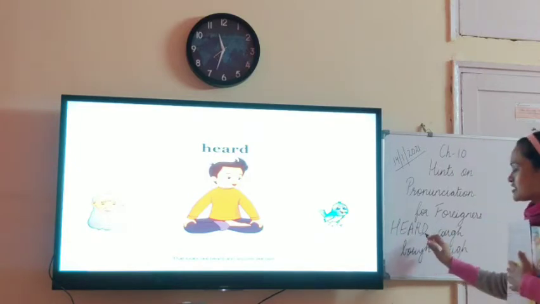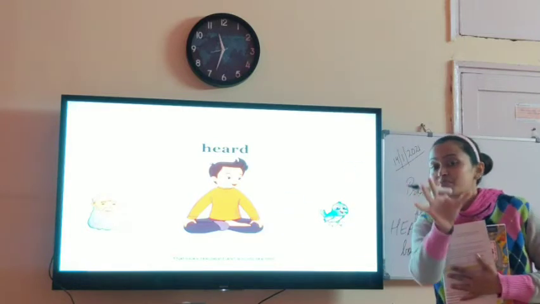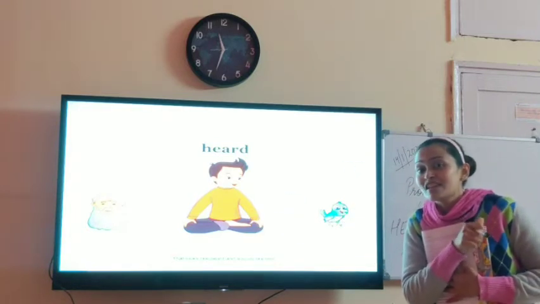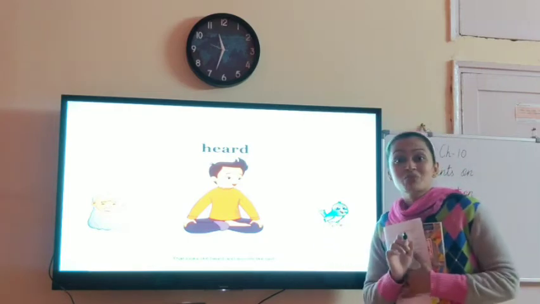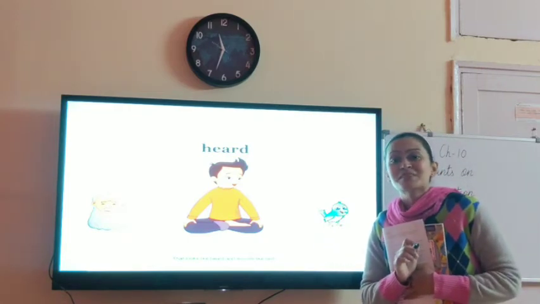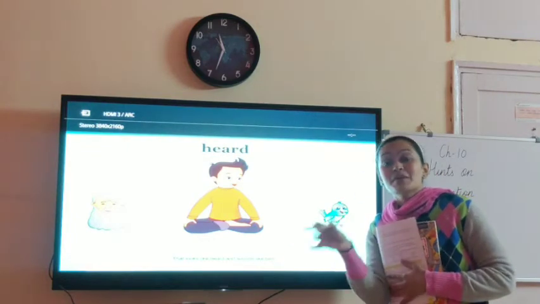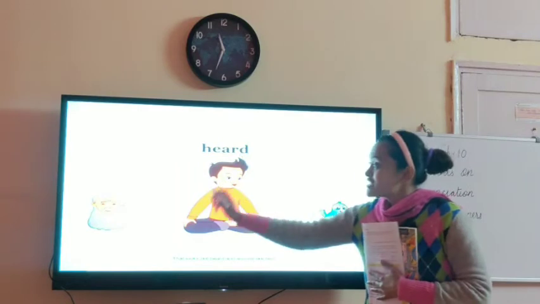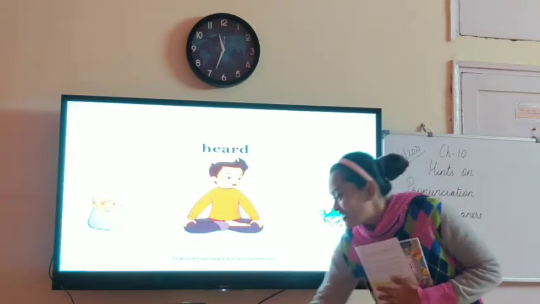Herd. This is similar to the spelling of beard, but beard is pronounced differently. Herd is pronounced as if it is rhyming with the word bird. Herd, bird, right? They are rhyming. But the spelling of herd and beard is similar. So that's very confusing.